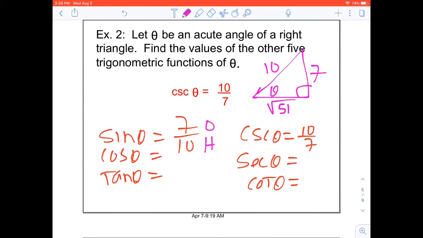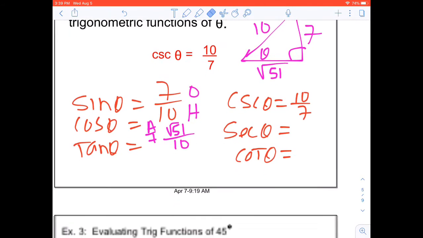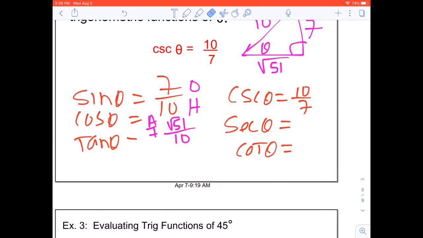All right, let's go. Your cosine is going to be adjacent over hypotenuse. So that is going to be root 51 over 10. And your tangent is going to be 7 over root 51. And again, I'm going to wait to rationalize that because if I just flip it now, I get root 51 over 7.